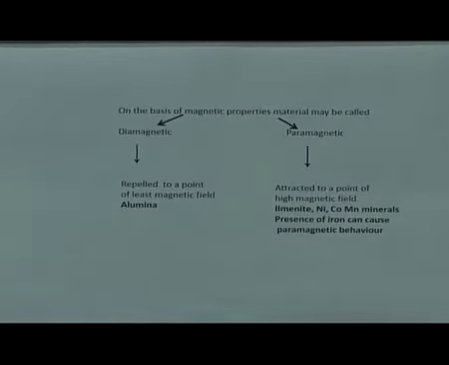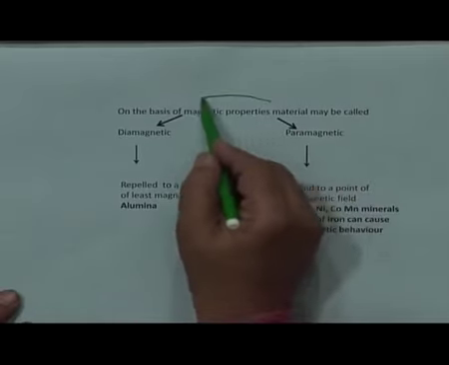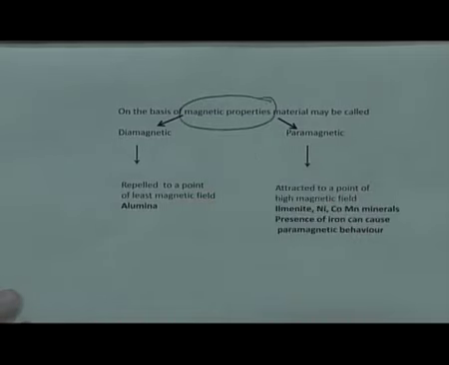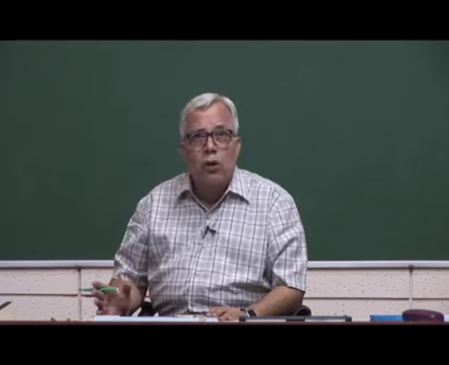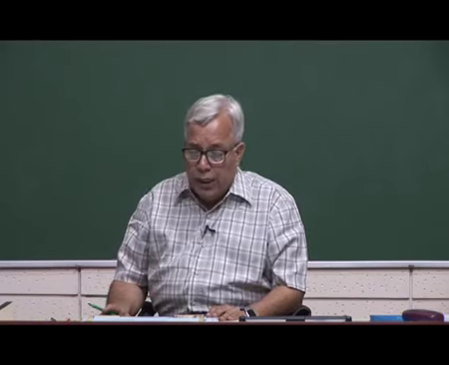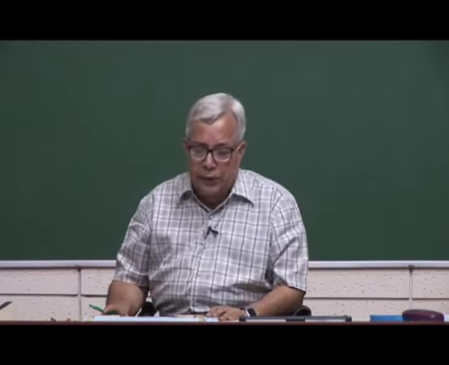Now, what are the magnetic properties useful for separation? Most substances like wood, clothes, cotton are all diamagnetic in nature.